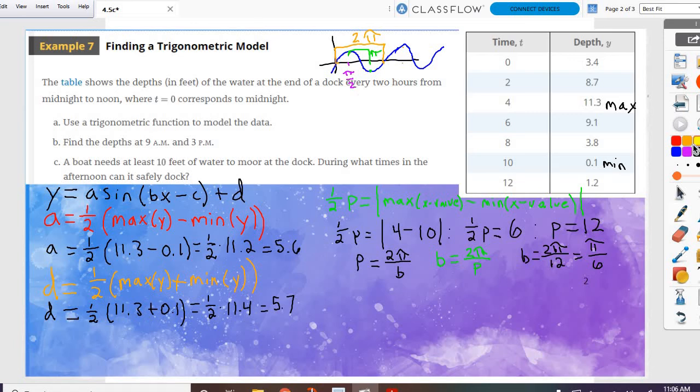So again, what we have to do is set bx minus c equal to where our old maximum value happened, so that was pi over 2.